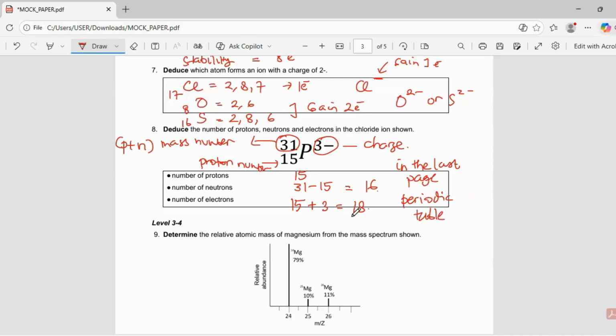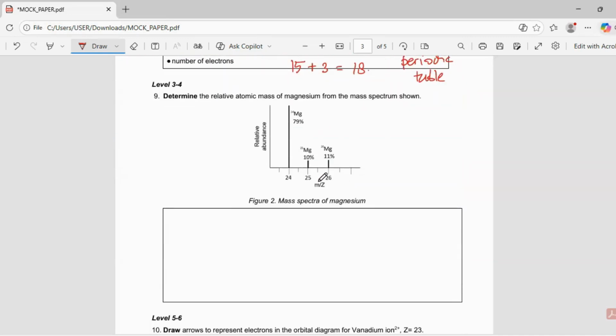Okay, follow that. Number 9, this is about mass spectrum. Remember, the relative atomic mass of an element can be calculated from their isotope masses. Here we have isotopes 24, 25, and 26. These three are the masses of the isotopes.